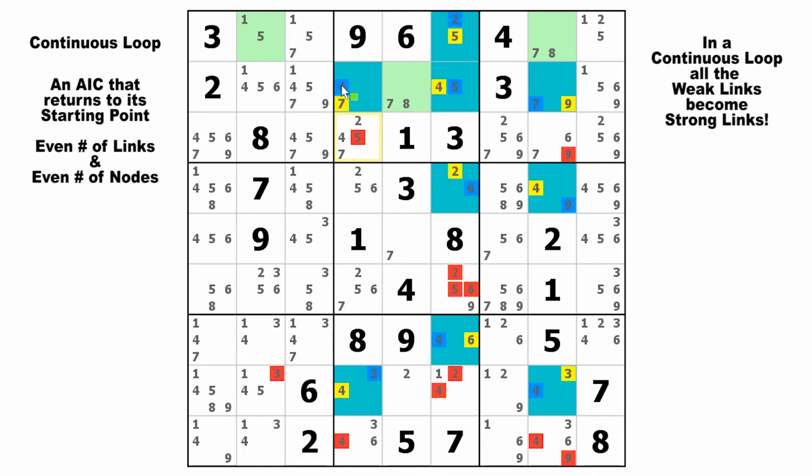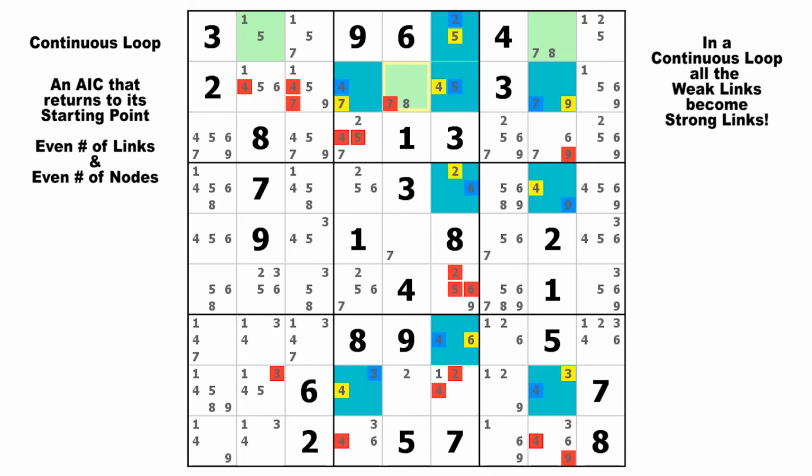Then there was a weak link between these two 4s in row 2, so those two 4s are false. And those two 4s also lie within block 2, so this 4 is also false. And then finally, there was a weak link between these two 7s in row 2, so that 7 is false and that 7 is false.